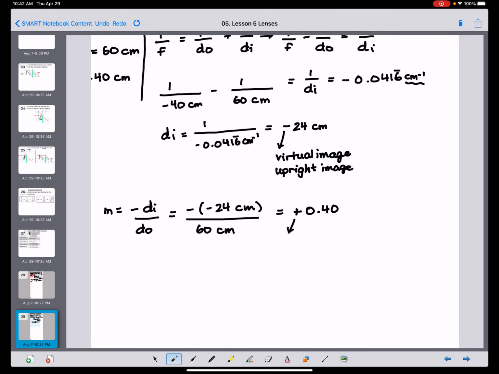The positive part tells us that it's an upright image, and remember to double check that it matches this, and it does. And because 0.4 is less than 1, that tells us that our image is smaller than the original object. So we're in the SUV case, smaller upright virtual, which makes sense because for diverging lenses, it's always going to be the SUV case.